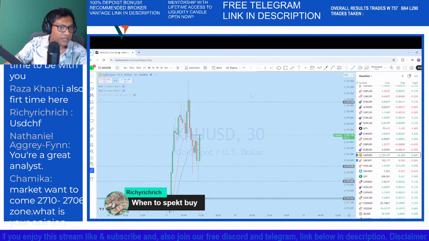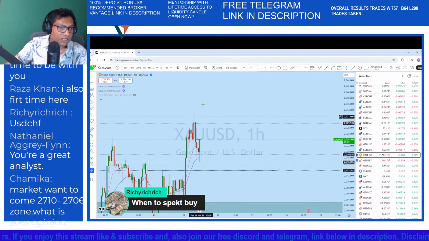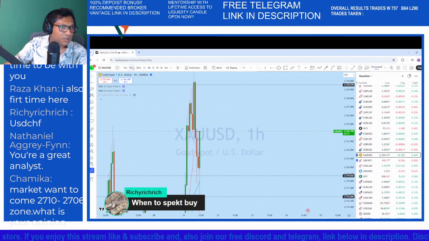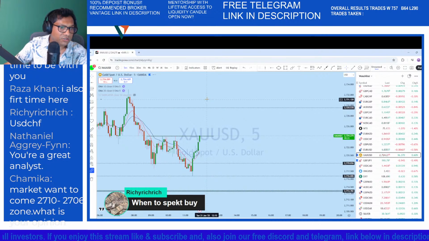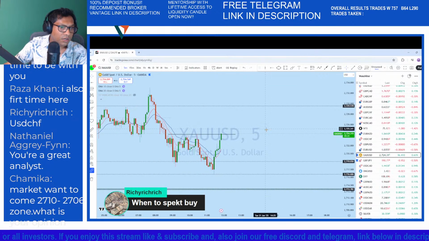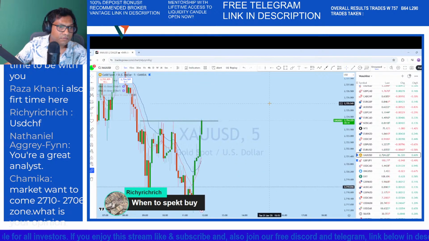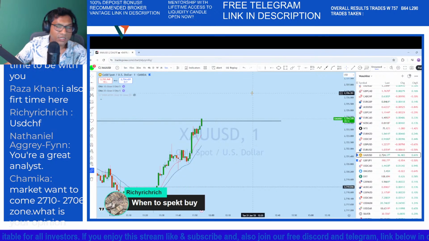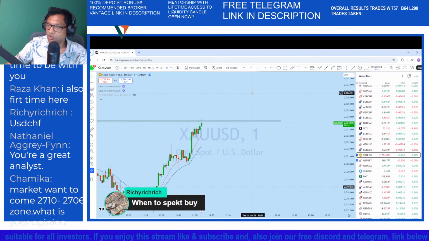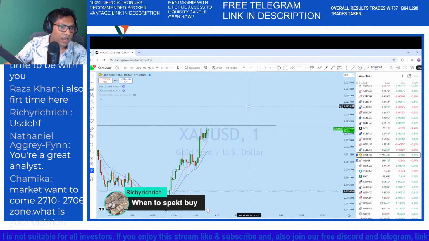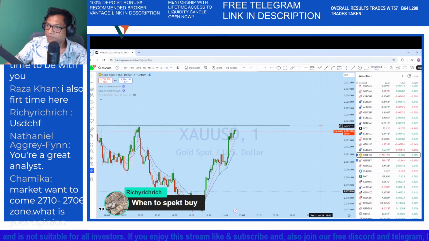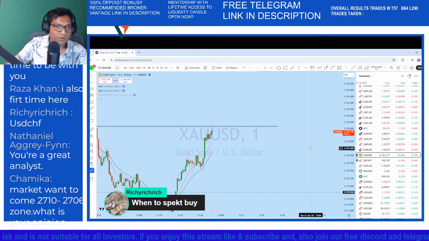So looking at the 1 hour chart, expecting for a bounce. 15 minutes bullish market structure. 5 minutes we can see that also that bull market. 1 minute chart also that bull market. So we can see the market trend is up, and with that uptrend, this is the 1 minute chart here.